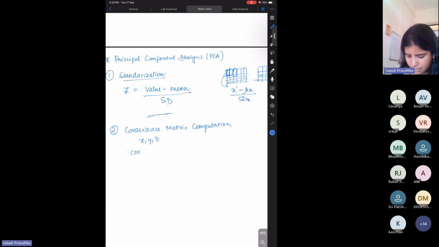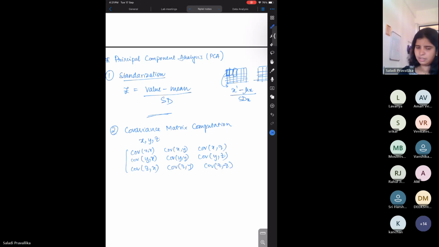Then my covariance matrix is covariance of x comma x, covariance of x comma y, covariance of x comma z, and then covariance of y comma x, covariance of y comma y, covariance of y comma z, covariance of z comma x, covariance of z comma y, and covariance of z comma z.